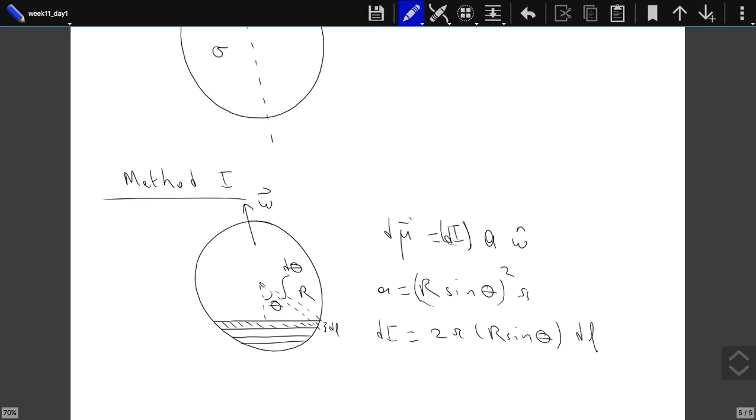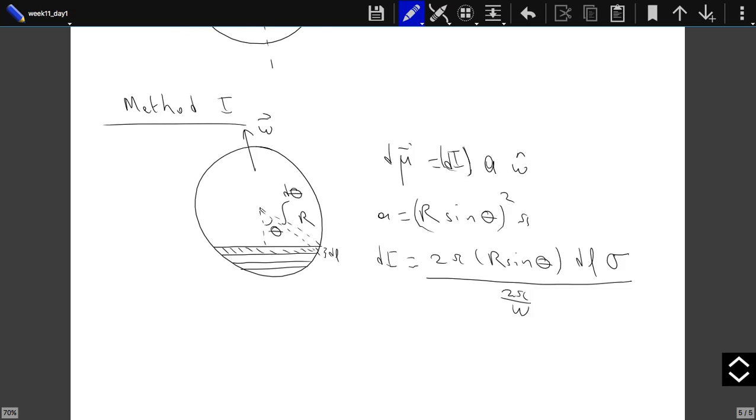So this is the total area of my ring. Now, the total charge on my ring is just this area multiplied by the surface charge density. And all this charge passes through a fixed point in a time 2 pi over omega. So this is my dI.